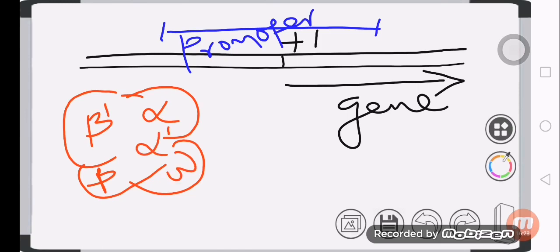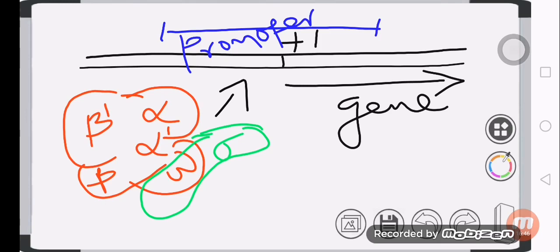We have the different subunits of the enzyme, and this multi-subunit enzyme complex will occupy that promoter region, and that binding will be directed by the most significant factor called the sigma factor. So it helps in the binding of the enzyme to the promoter site. So this is precisely what we have discussed in the presentation. So I hope you understood this.